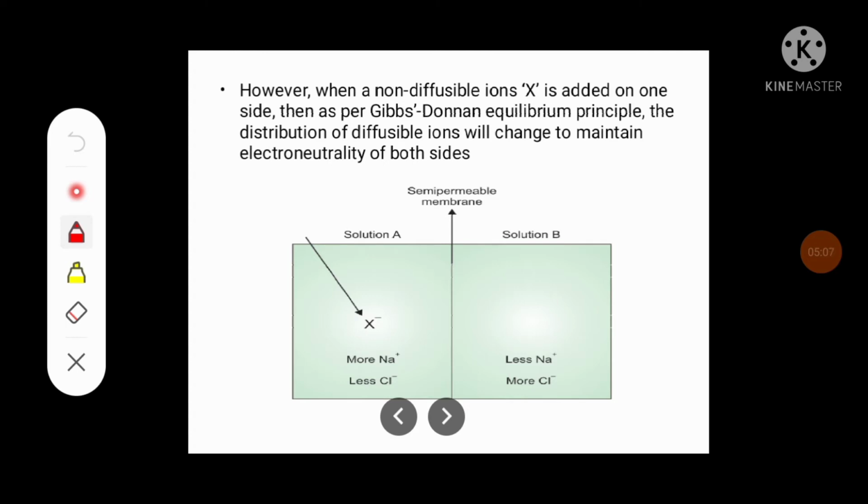However, when a non-diffusible ion X is added on one side, then as per the Gibbs-Donnan equilibrium principle, the distribution of diffusible ions will change to maintain the electroneutrality of both sides.